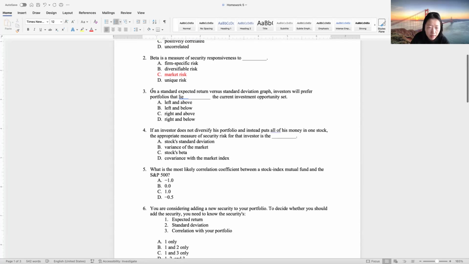Next is on a standard expected return versus standard deviation graph, investor will prefer portfolio that lies on the current investment opportunity set. Okay, we talk about this.